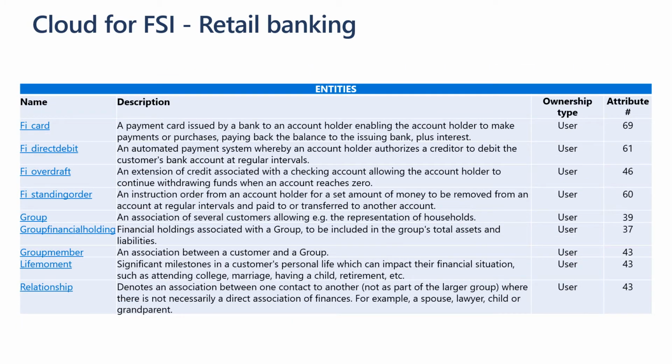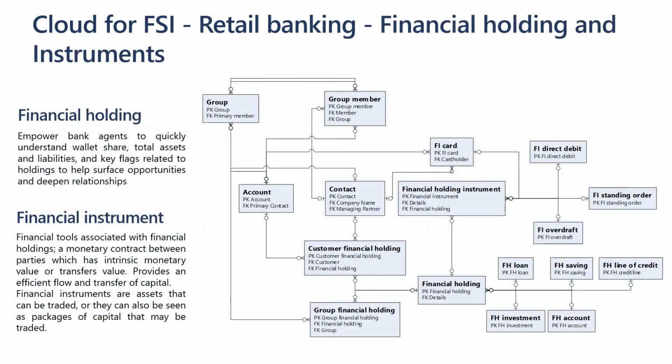The next set of entities are financial instrument cards, financial instrument direct debit, financial instrument overdraft, standing order, group financial holdings, group member, life moment, and relationship. In this slide, you can see all these entities that we just mentioned on the schema.